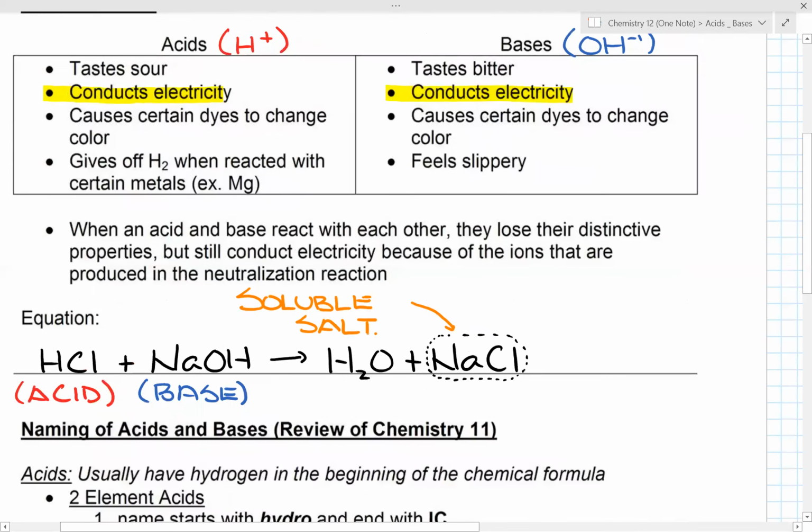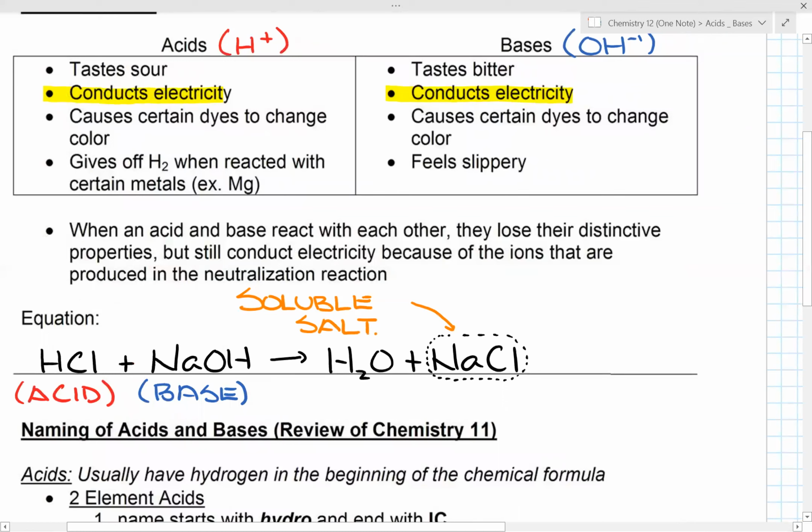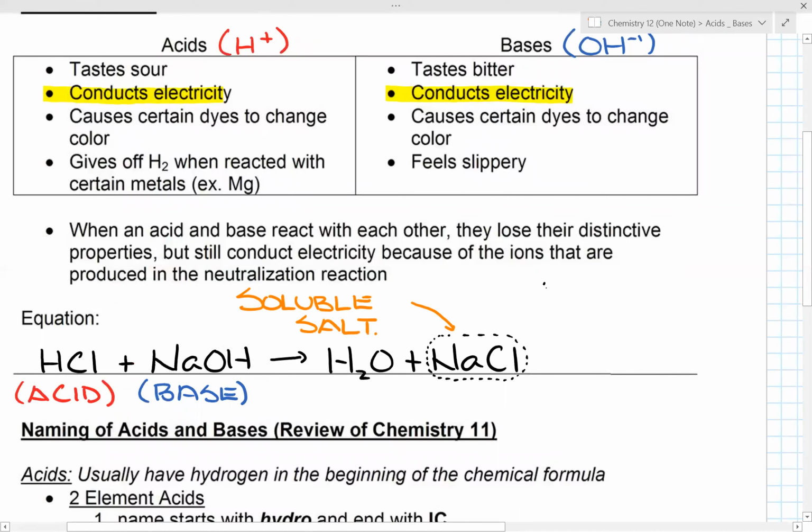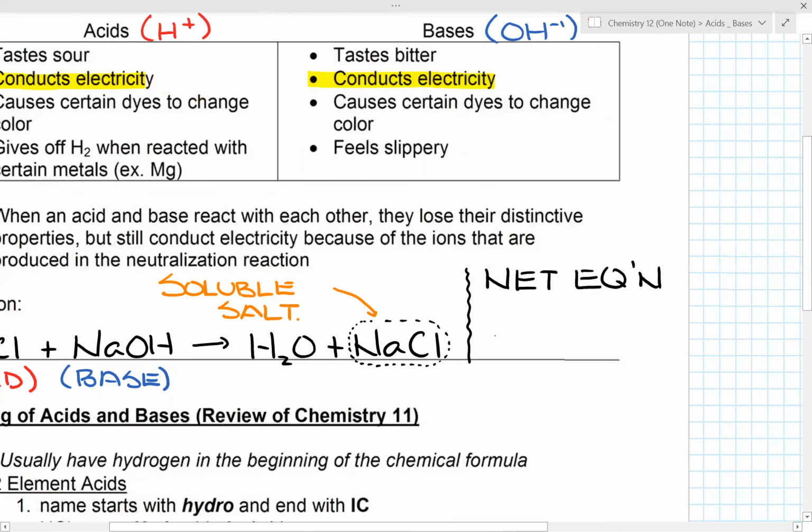Now, one thing about acid-base equations back in grade 11 is when we talked about the net ionic equation. The net equation would be the H plus from the acid and OH minus 1 from the base to give you water.